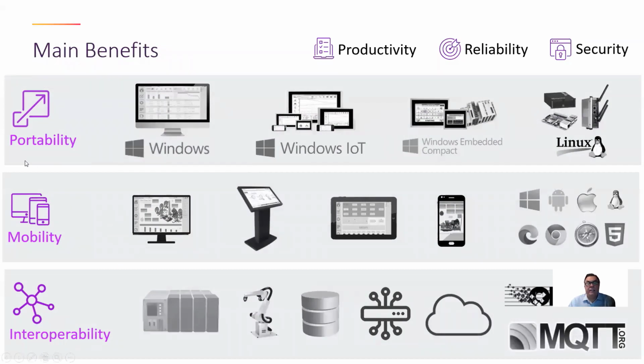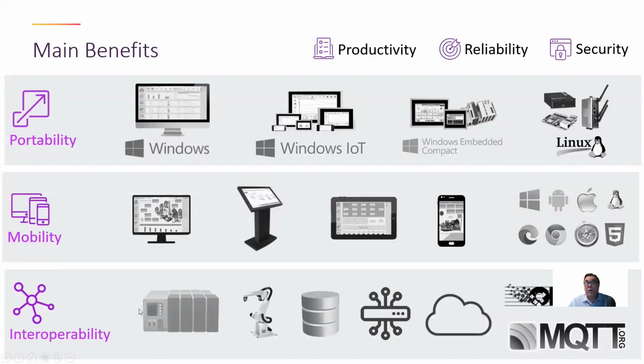Some of the main benefits, if you take a look down here on the left side, we have portability, mobility, and interoperability. And these mean different things to different people, but I'm going to explain a lot of this during this presentation. Instead of just dumping on you some features, I'm going to show you why this is a benefit and how this can benefit you. The mobility part of this is being able to view and interact with the screens on remote devices, whether it's tablets or phones, as well as desktops, either at your location or geographically distributed, independent of where you're at.